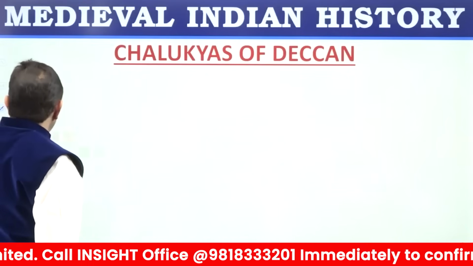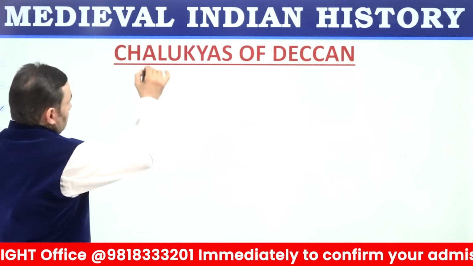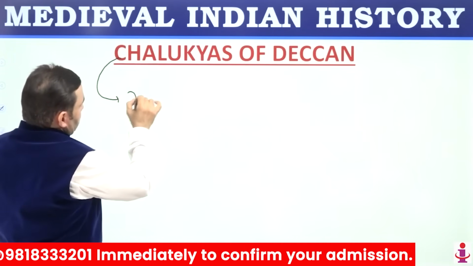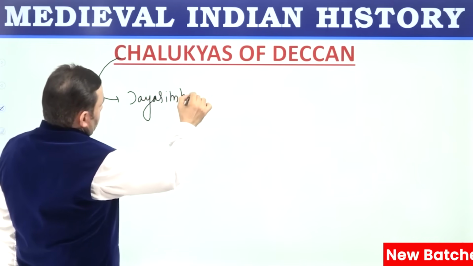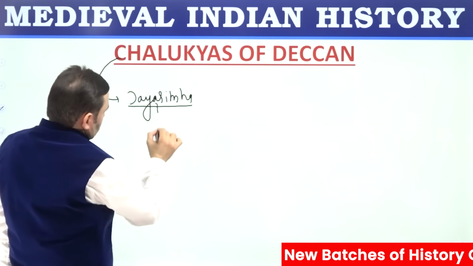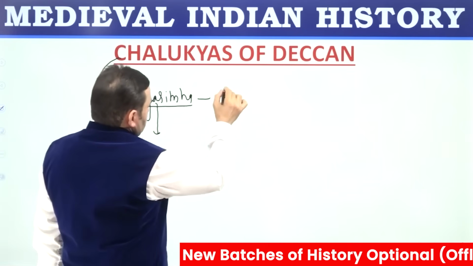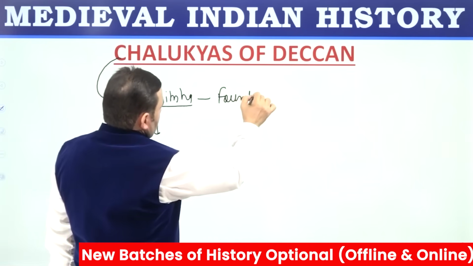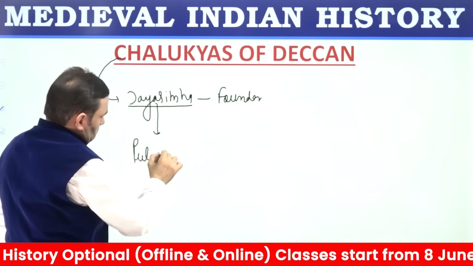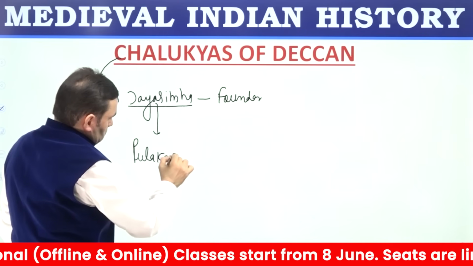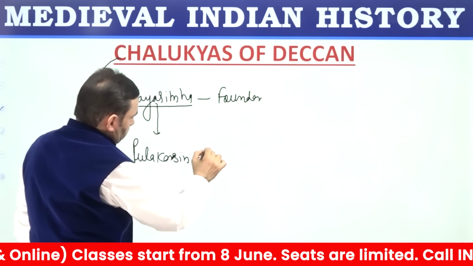So Chalukyan dynasty was founded by Jayasimha. He was founder. Pulkesin II was the most powerful king.